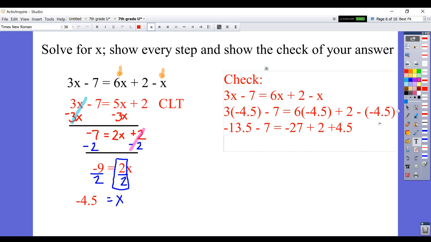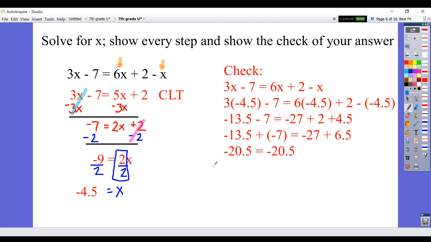So on the left side, if I did a rewrite, and again, you don't have to because you would have a calculator, but if I did a rewrite, it would be a keep change change. So I would get negative 20.5. And on the right side, I would also get negative 20.5.